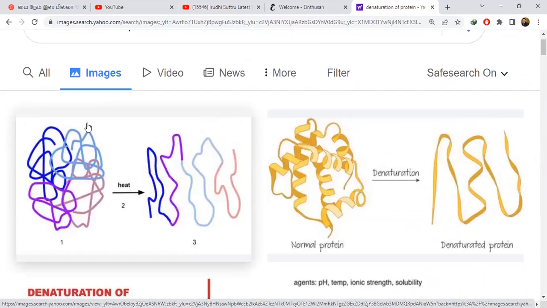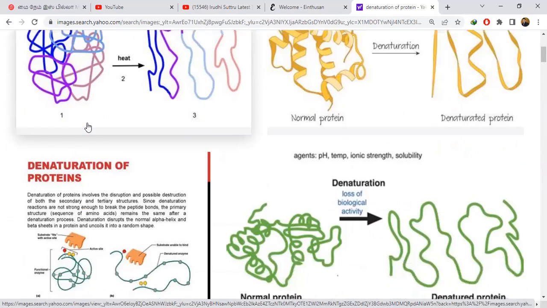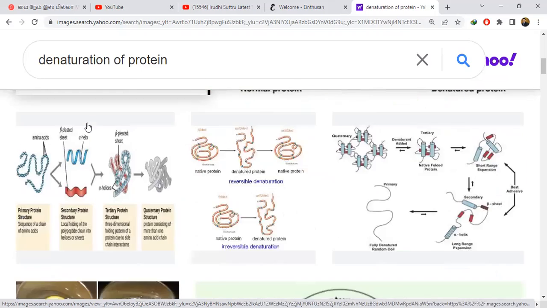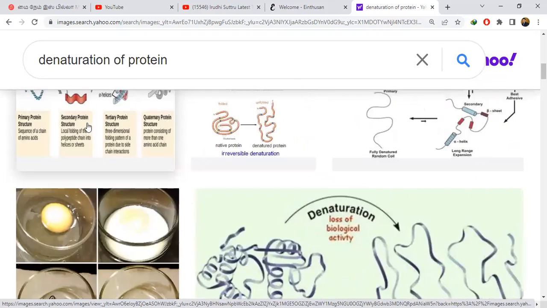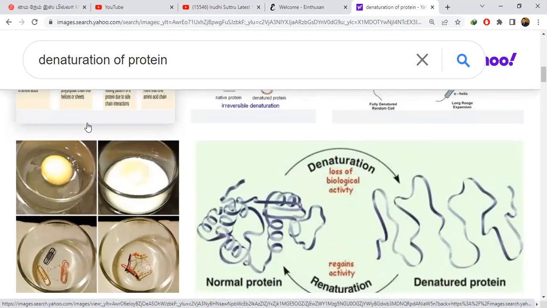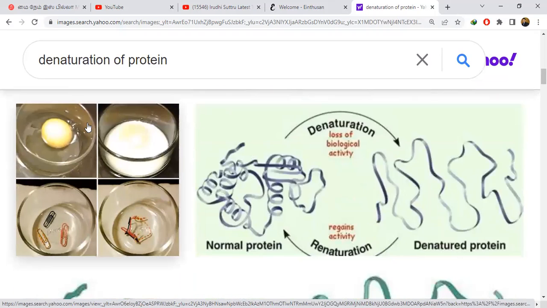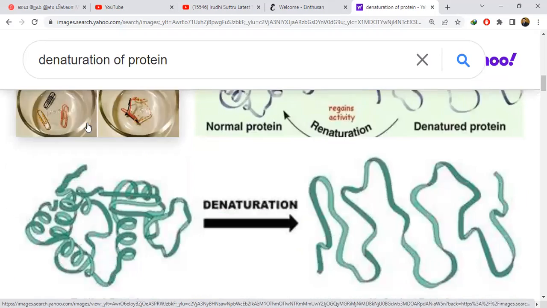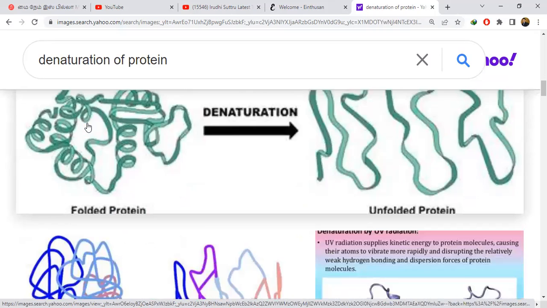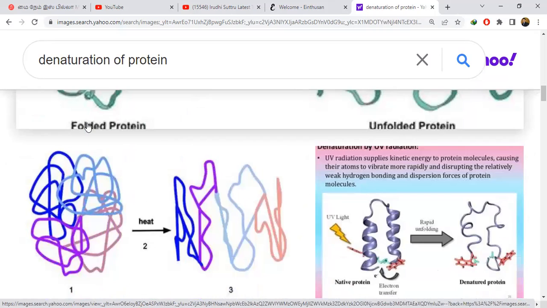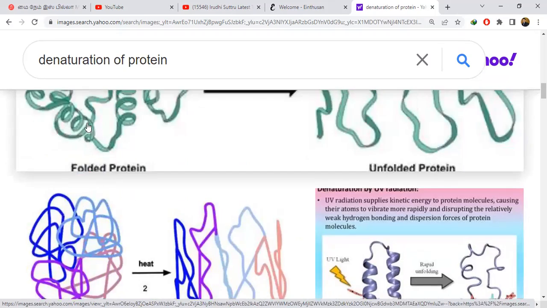Correct? A protein molecule is losing its structure. And that is actually called denaturation.